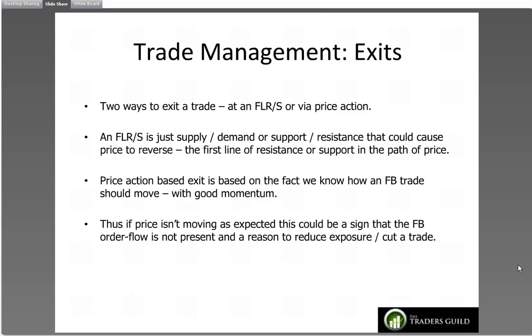The way I look at it is, I never, well not never, but it's very unusual for me to cut all of my trade if price isn't moving with that good momentum, because I know that doesn't always happen. Most of the time it does, but not always. But what I look at is, is this setup still as good as it was when I first took it? If I can logically conclude no, then I'll cut half of it.